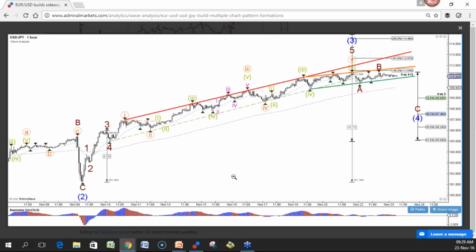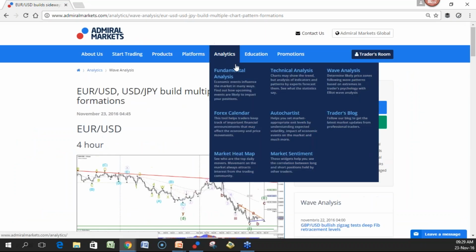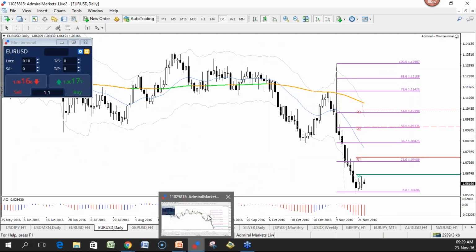So that's some wave analysis looking at it now. If you don't have it, you obviously can check out this wave analysis every day at the website. But there are only 3 pairs here, of course, so there are obviously maybe some pairs that you're looking at that are not included in that.